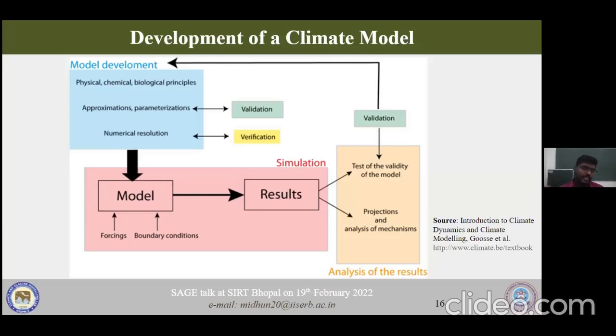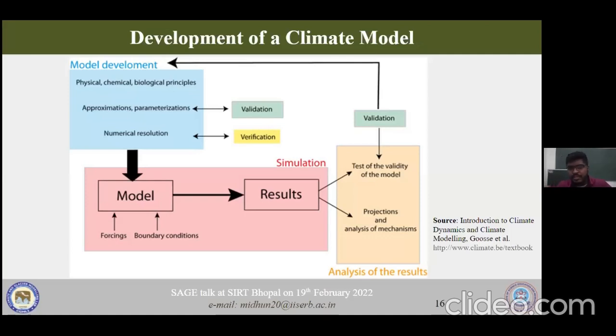And in climate modeling, it's not about a single model. Various organizations, like in the USA, Canada, India, and the UK, all have their own models, which they develop on their own. This is called the Climate Model Intercomparison Project. It is also monitored by the WCRP, another wing of the UN.